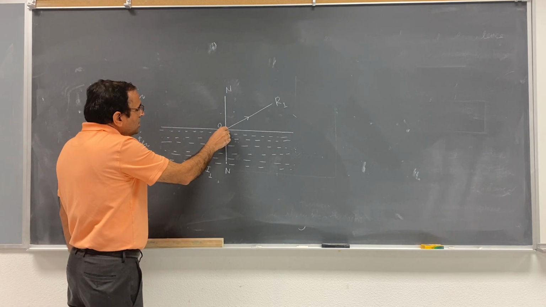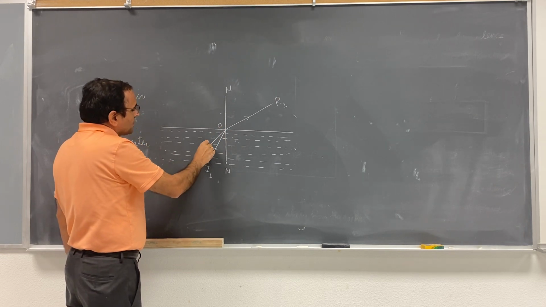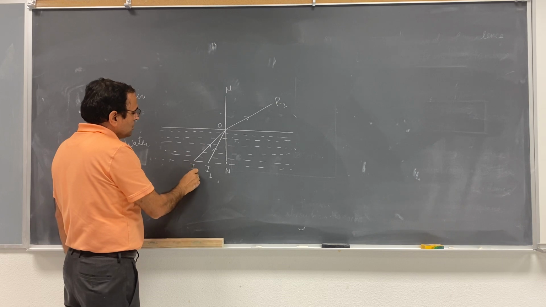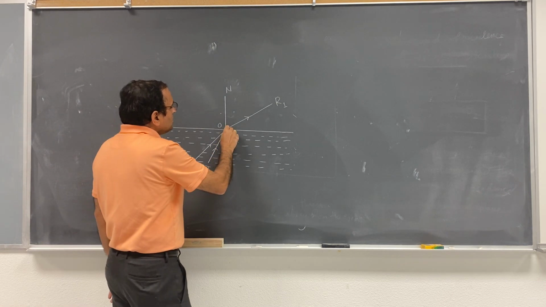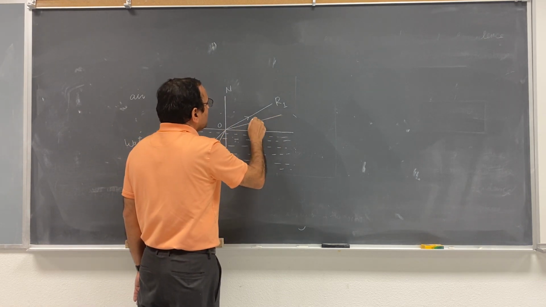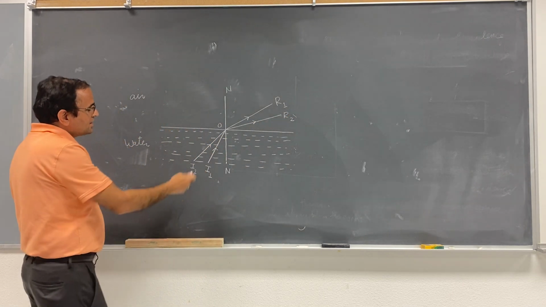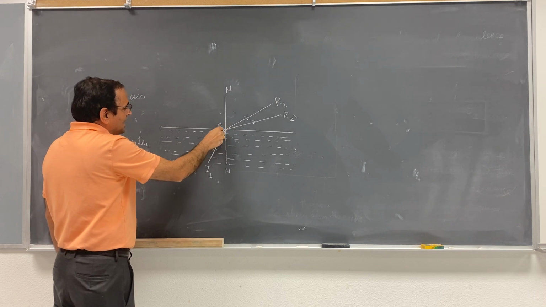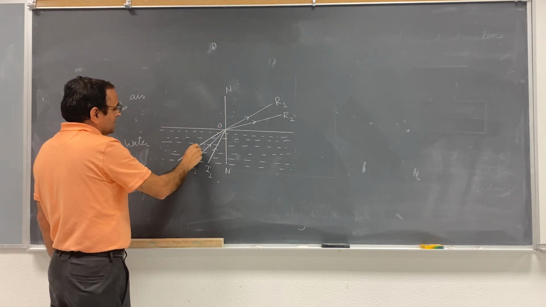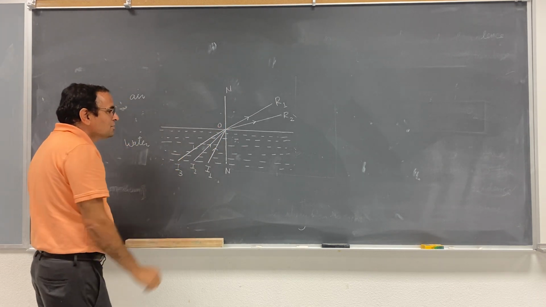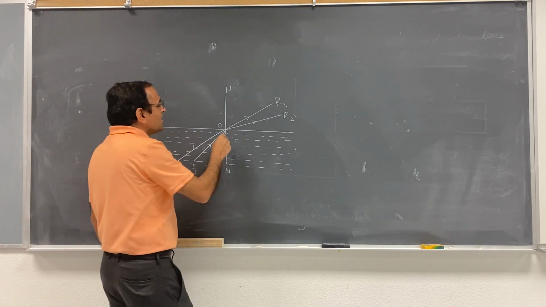Now if I take another ray like this, let me call this I2. It goes this way then. This is R2. If you increase the angle of incidence, now let us take I3 like this. Let us suppose the refracted ray is this.